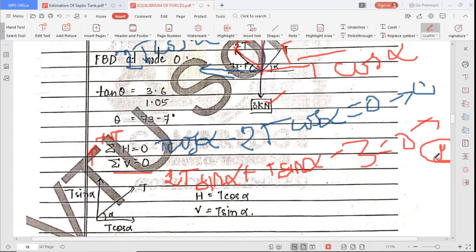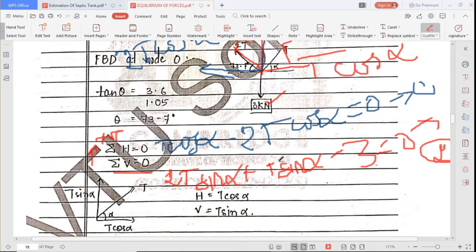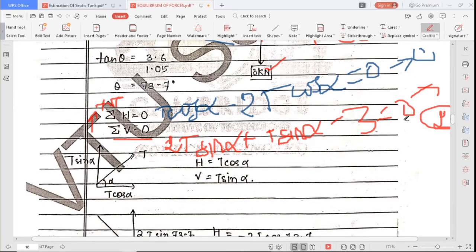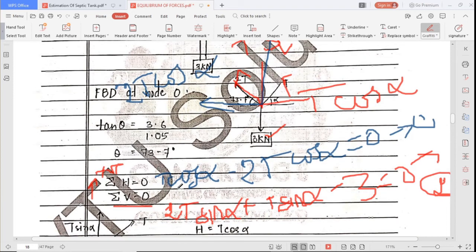Now solve both equations to get the T value. Here T cos alpha minus 2T cos 73.7.